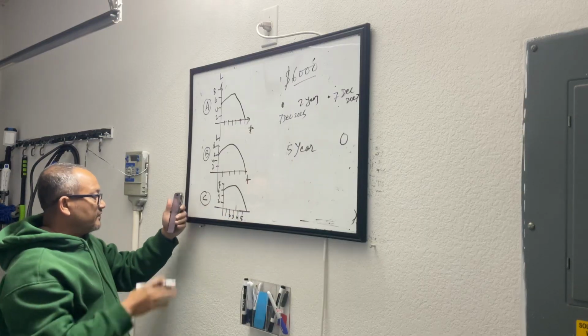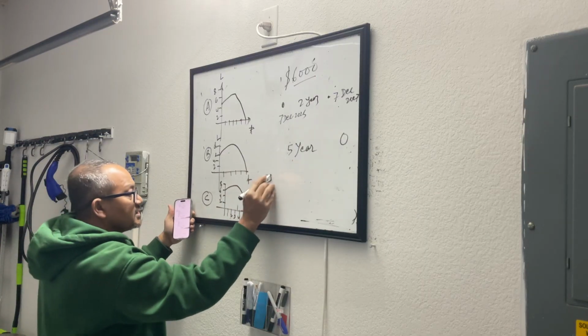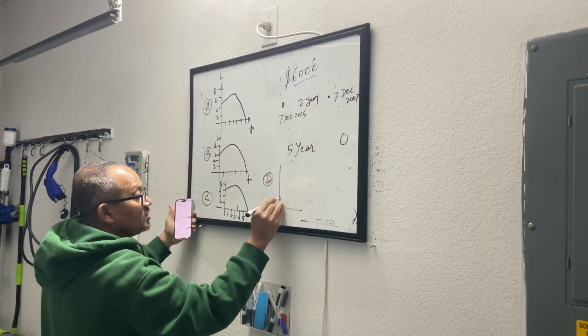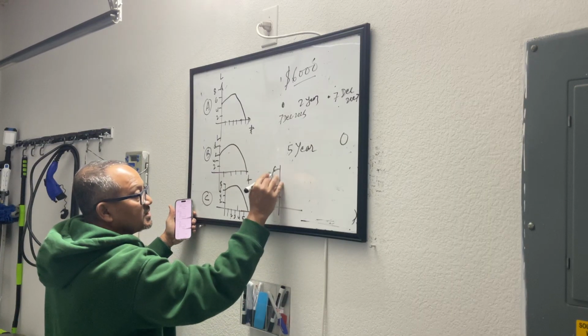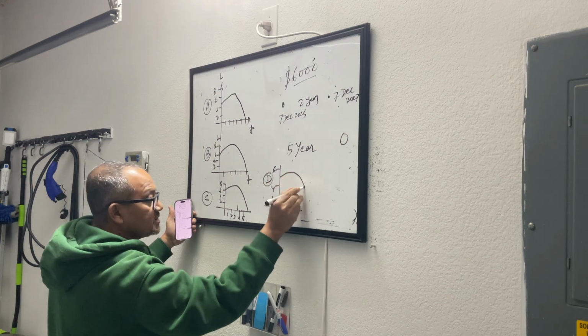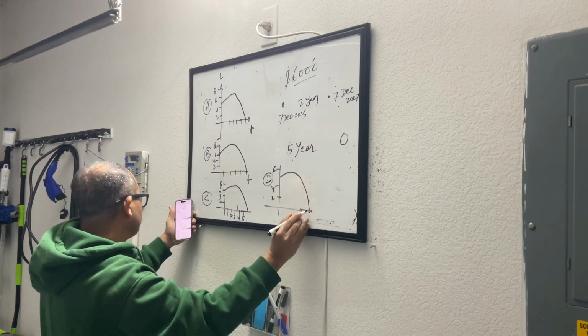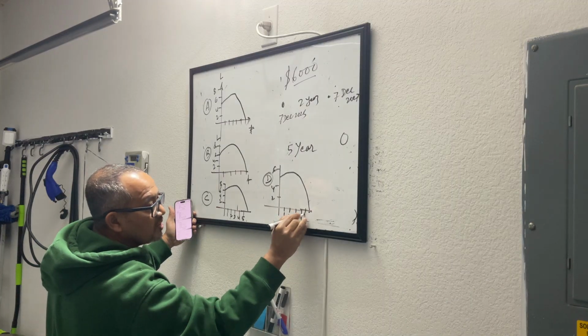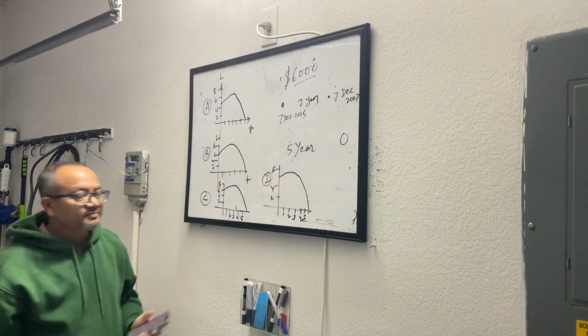After 5 it meets somewhere. And option D is this one. 2, 4, 6. It starts from here, stays below 6 and meets at 1, 2, 3, 4, 5 and after 5.